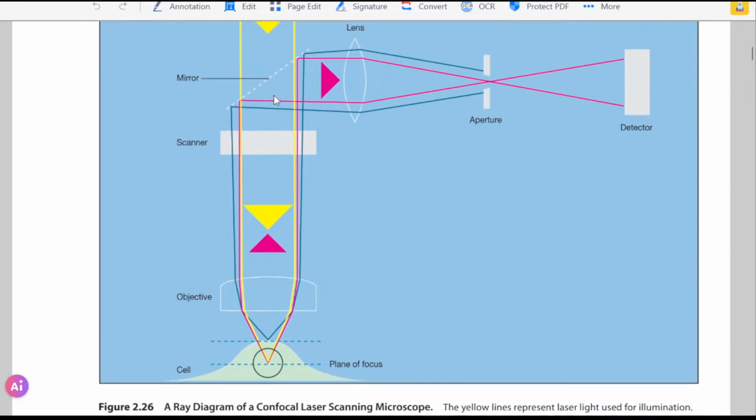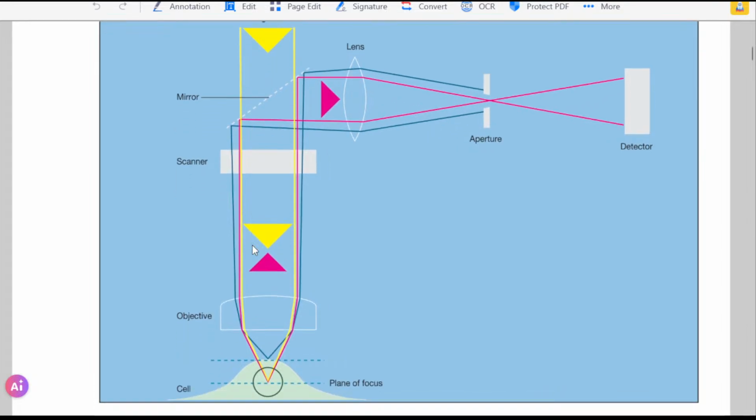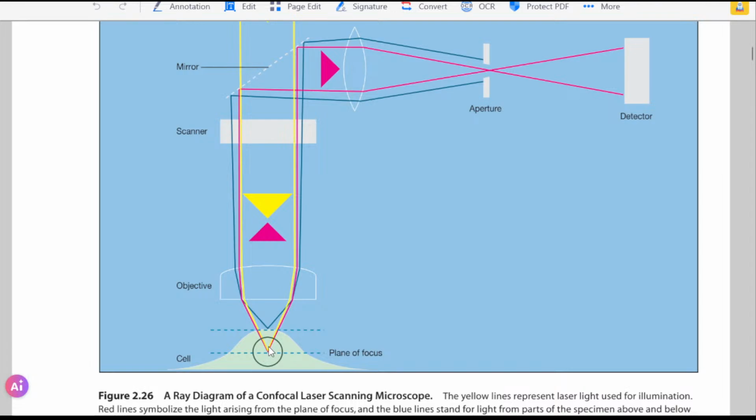Now when you put this light, this is the source of light, just the same way as your light microscope has a source. So you have laser light going towards your cell. Originally there are reflected rays from it, right? Now there are two types of reflected light coming out of it.